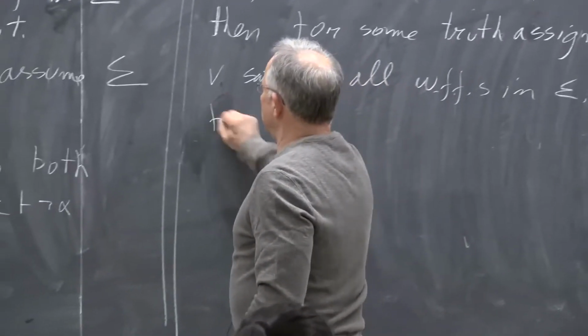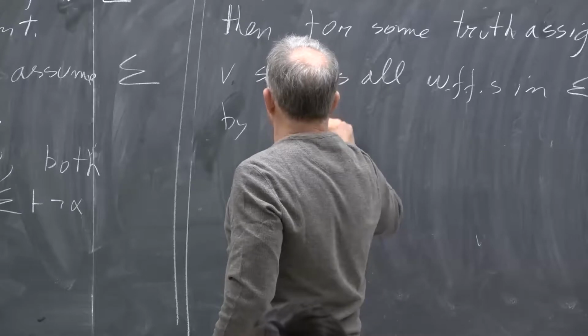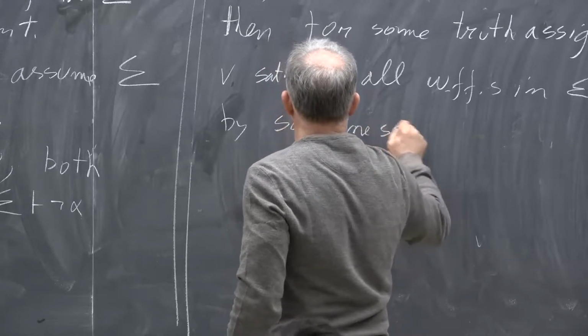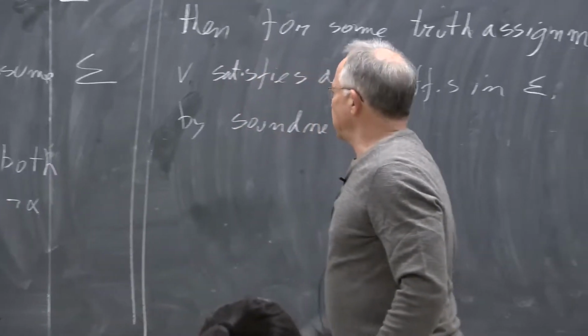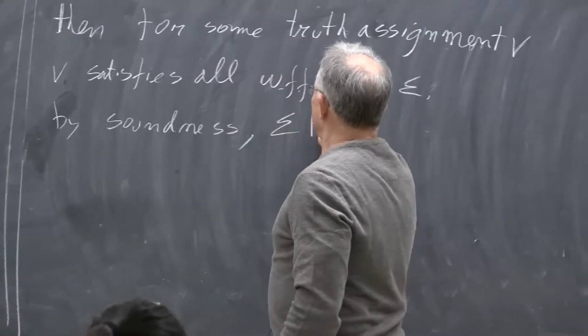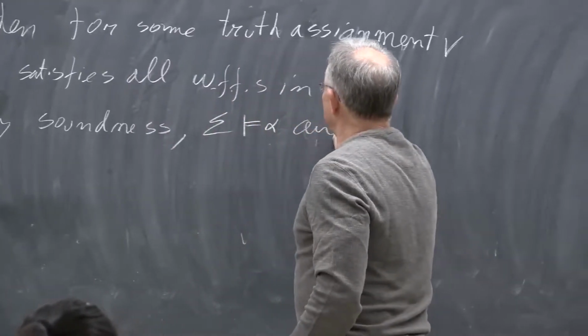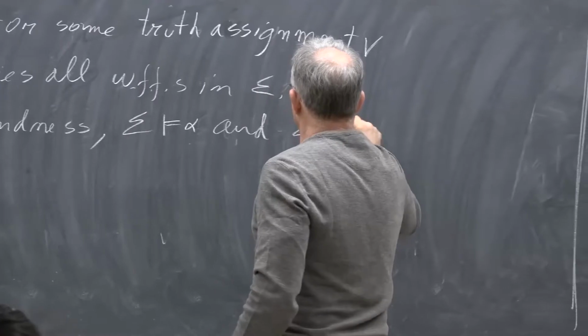Now, by soundness, from this assumption, I can get sigma logically implies alpha and sigma logically implies not alpha.